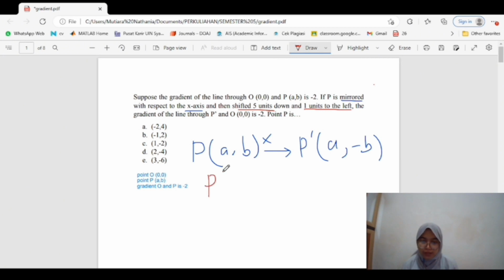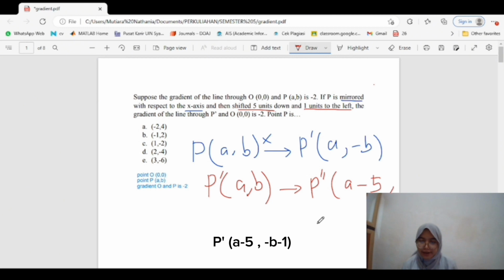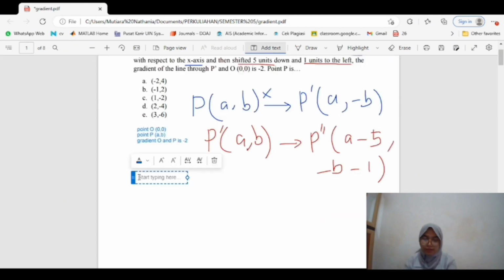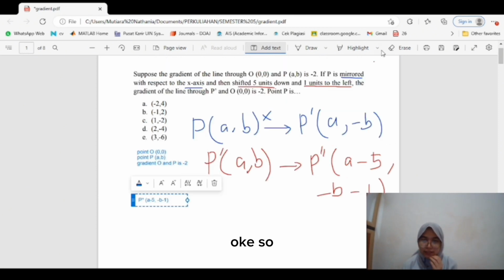So the image point (a, -b) becomes (a - 5, -b - 1).